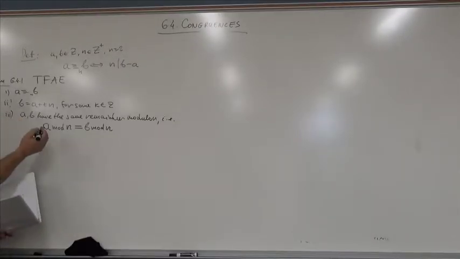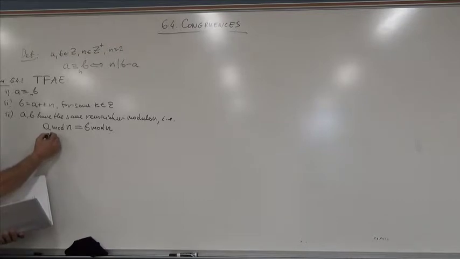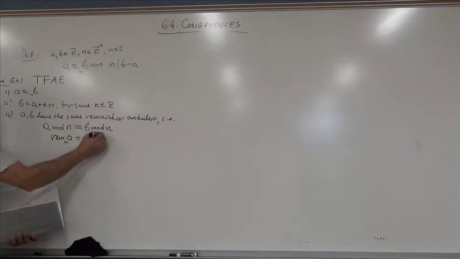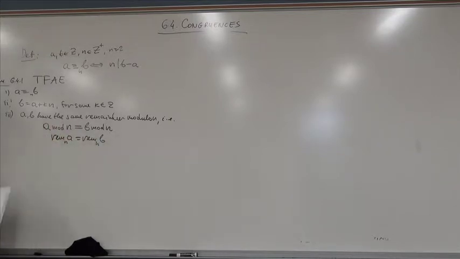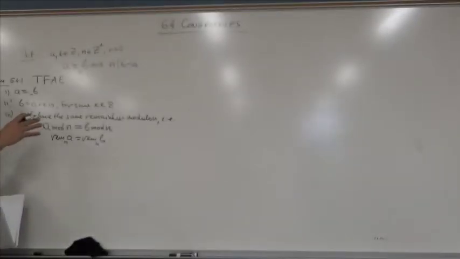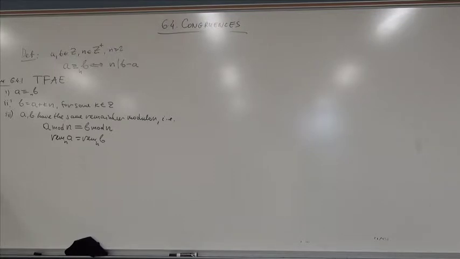Although, I must admit, this is the official notation we introduced, I'm more used to the notation remainder of a modulo n equals remainder of b modulo n. I think it's a better notation for our class because mod will show up anyway, so it might be a little confusing. All right, so how do we prove this?